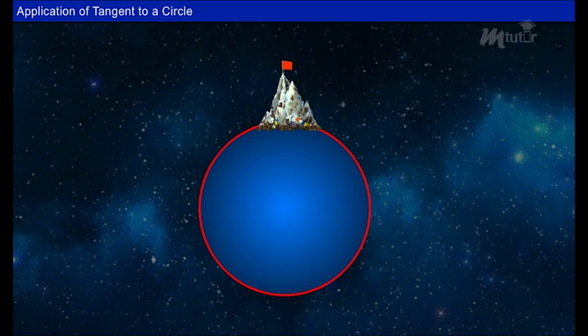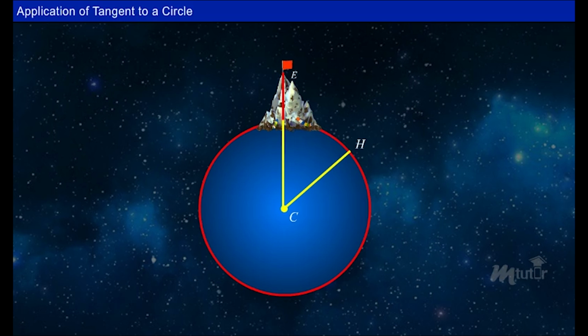If we consider the highest circumference circle of the earth, then the center of the circle is C and the starting point of Junko Tabei is H. Also, consider the summit of Mount Everest as E. If we consider the distance from the starting point H to the summit E as a line, then we can also take this as a tangent because it touches the earth exactly at one point, the starting point H. Also consider CH as the radius and EC as the hypotenuse.